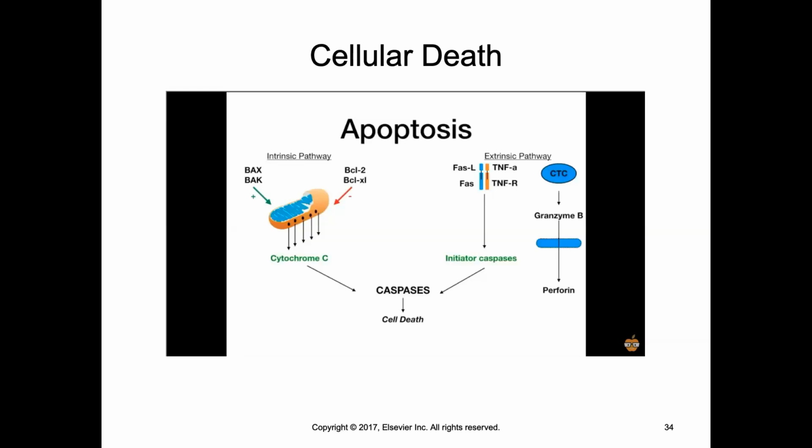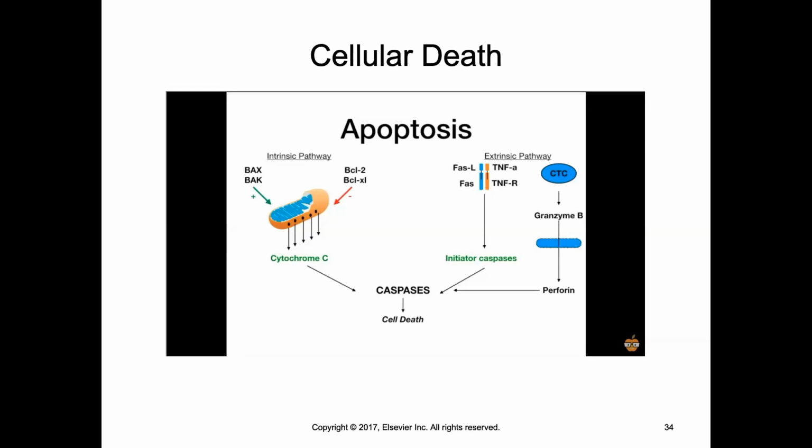So granzyme B breaks through this membrane and perforin enters the cell. And when perforin enters the cell, perforin goes on to activate caspases. And if you're not already seeing this theme, whenever you activate a caspase, it causes cell death, programmed cell death. That is to say, it causes apoptosis.